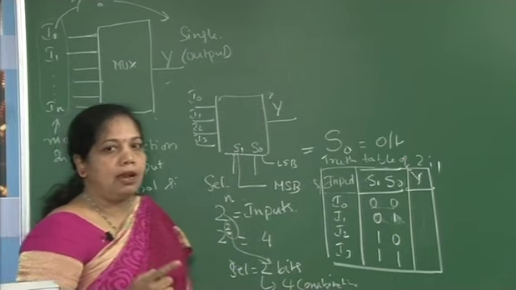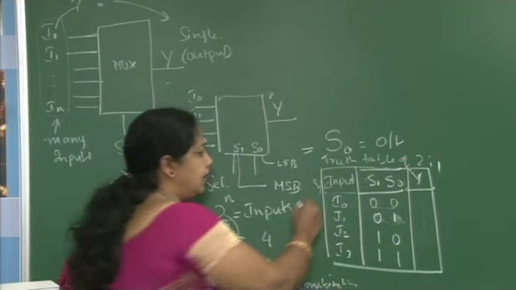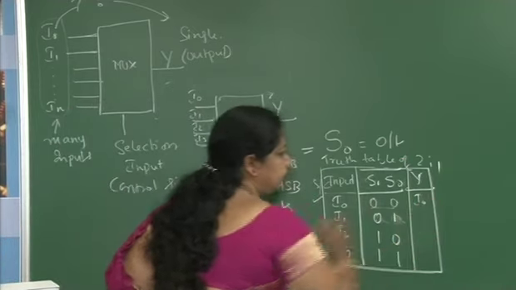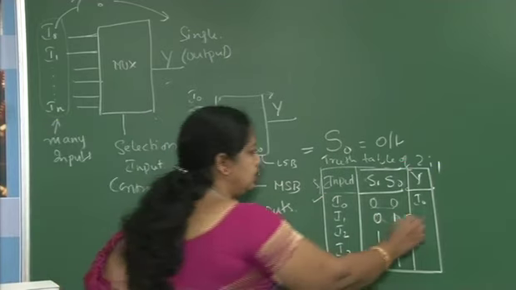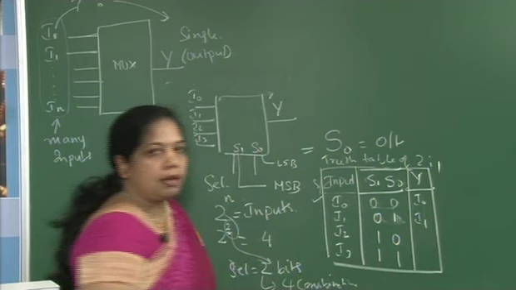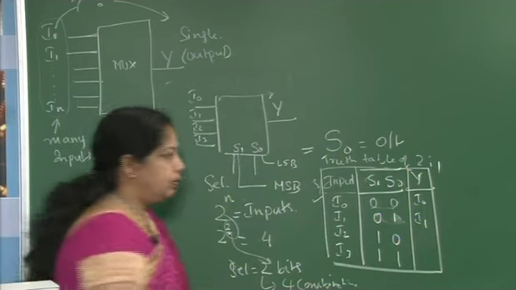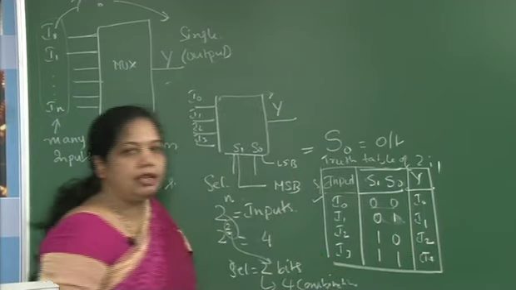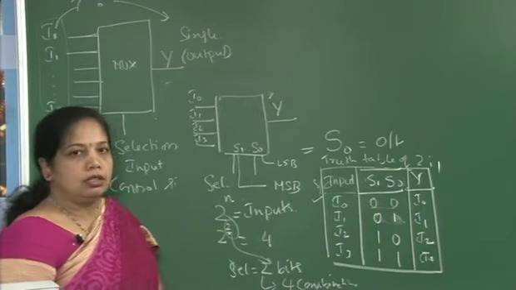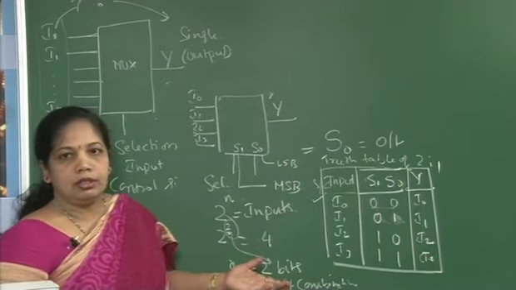If I apply 0 0, then I0 is directed. If I apply 0 1, then I1 is directed. If I apply 1 0, then I2 will be your output. Similarly 1 1, I3 will be your output. This is how the multiplexer works.